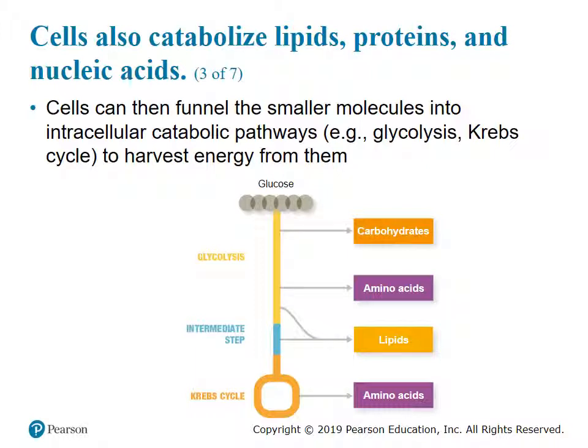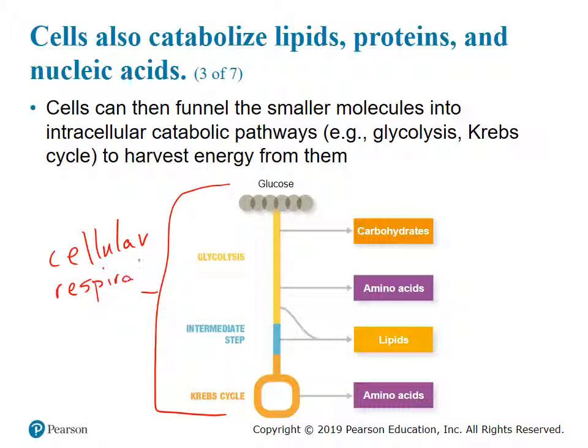So this is a figure that you should see in your book. This figure is really important to look at because it ties together a lot of things that we've been discussing, one of them being the process of cellular respiration, which is glycolysis, the intermediate step, and the Krebs cycle.